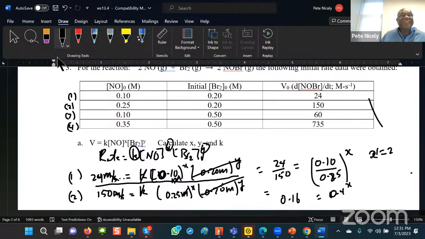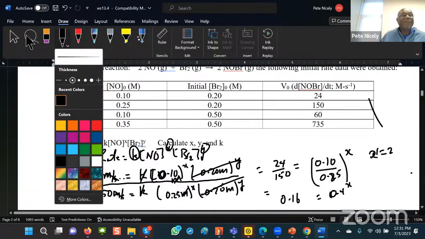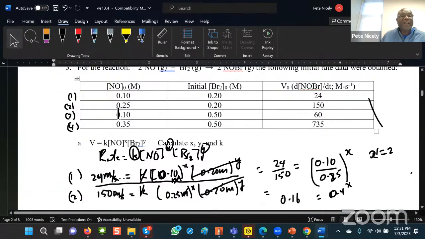Based on what I see here, the concentration of NO is fixed for the first and the third, while the concentration of bromine changes. Okay, so how are we going to set this up?